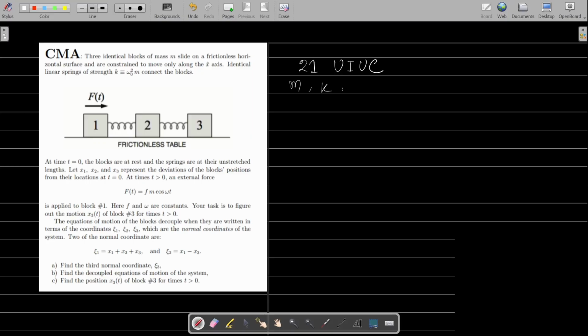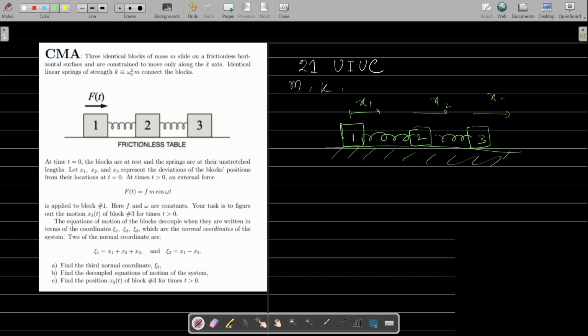Let me draw a diagram. This is mass 1, next mass 2, this next mass 3, and they're connected using springs. Now assume that mass 1 is displaced from its equilibrium position by x1, this one by x2, and this one by x3.